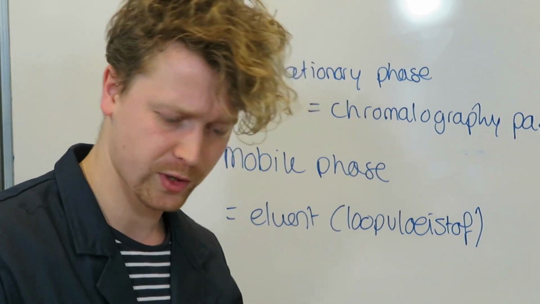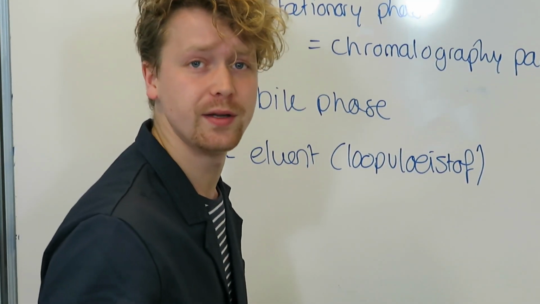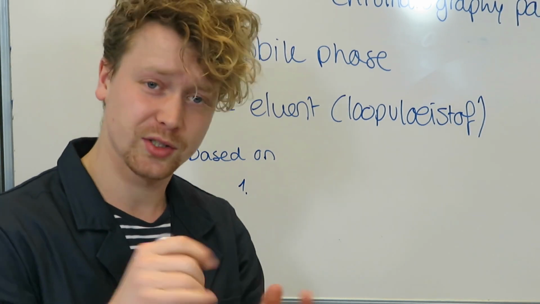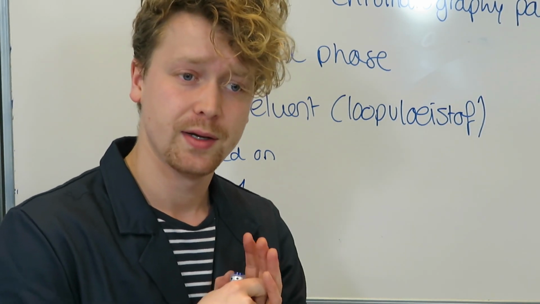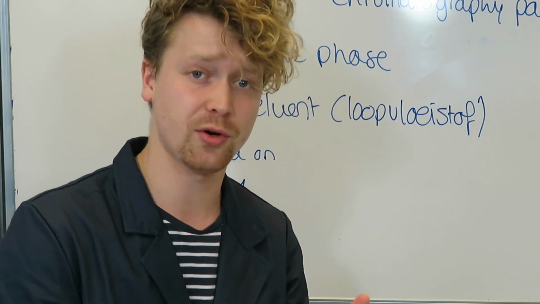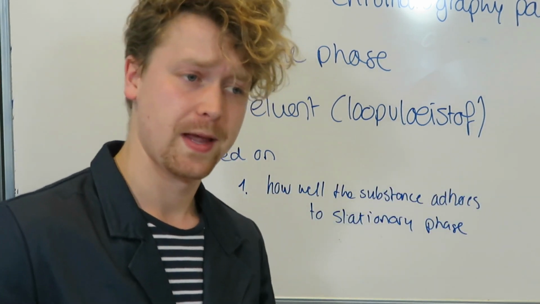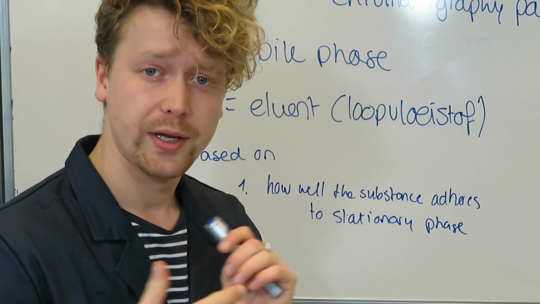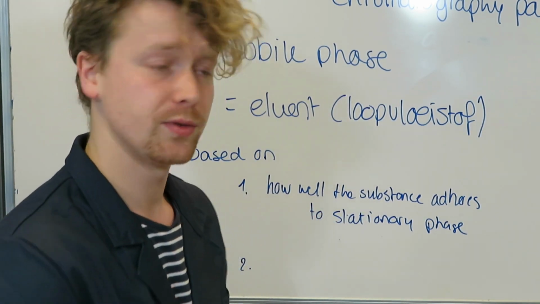That was weird. This separation method is based on 2 principles. How well the substance that we are examining adheres to the stationary phase, and the second one, how well our substance dissolves in our mobile phase, in our eluent.